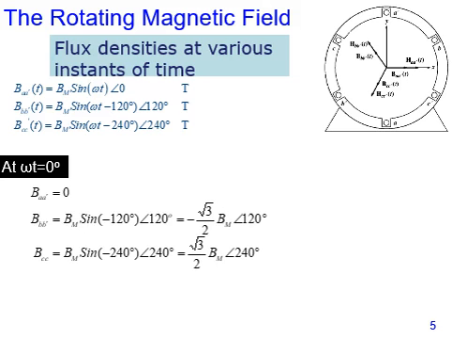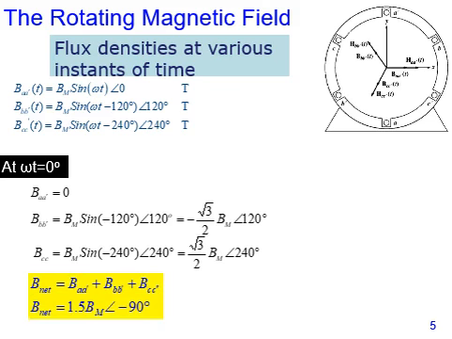We will get B net at omega t equal to 0 degrees, which you can see is shown in the yellow portion of the slide, that B net is equal to B AA bar plus B BB bar plus B CC bar.